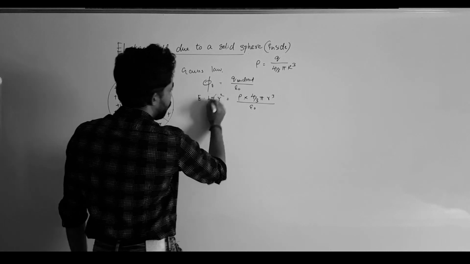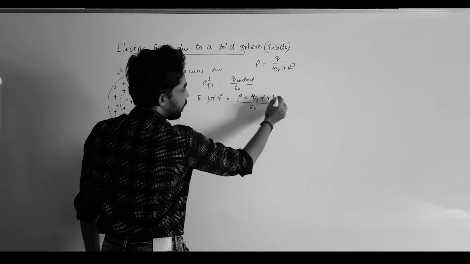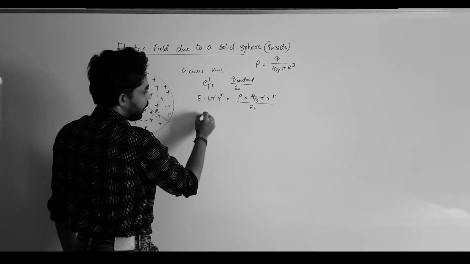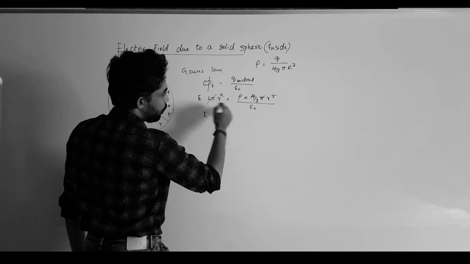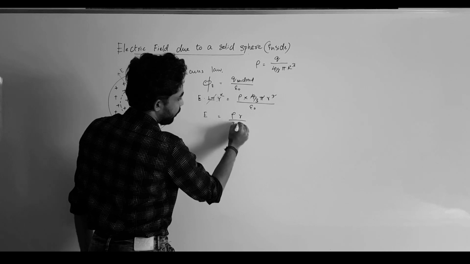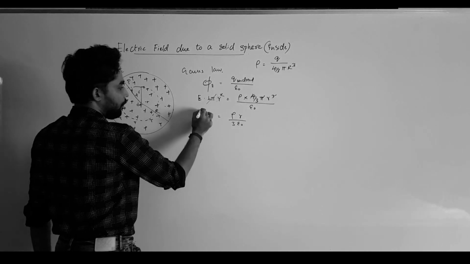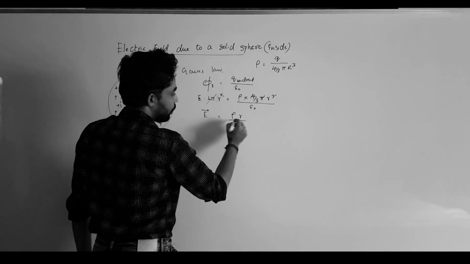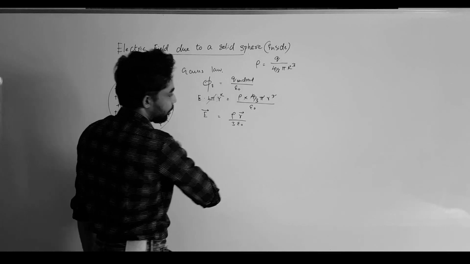And now here 4 pi cancel, r square with r cube I can cancel, and I'll be left with E = rho r by 3 epsilon naught. So the electric field is given as rho by 3 epsilon naught times r.